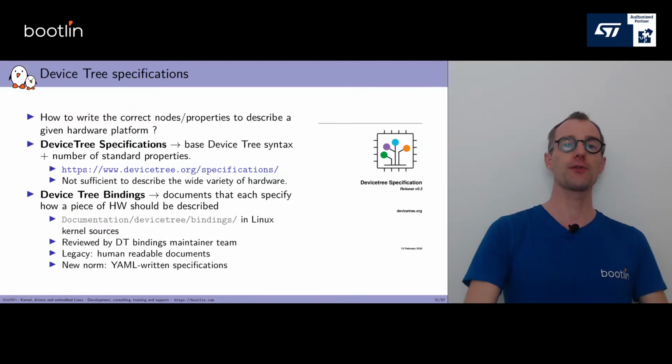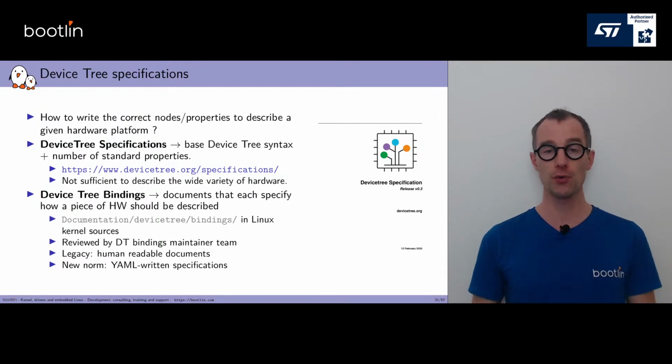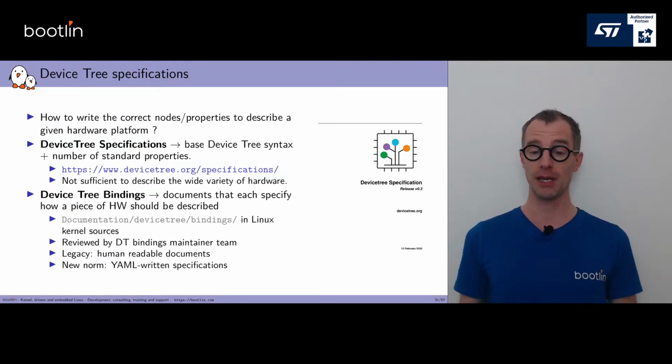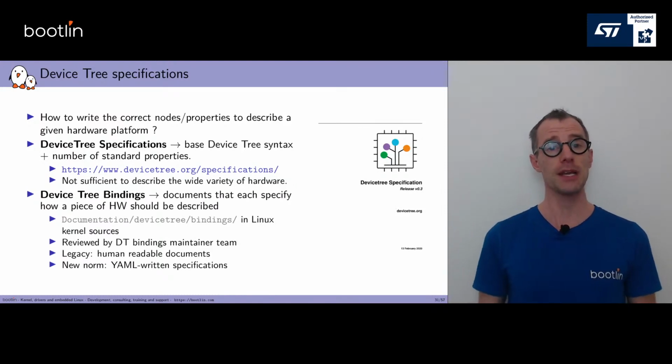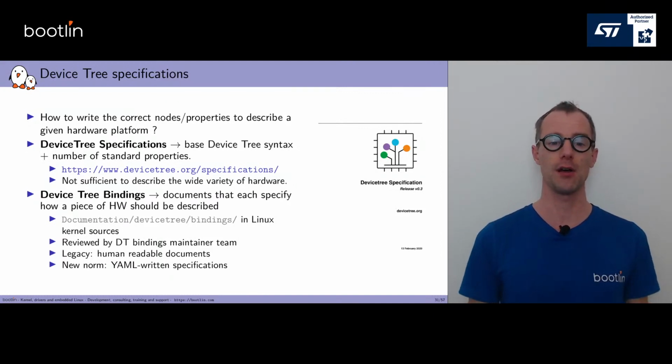They will also have to write a corresponding device tree binding document, which will be reviewed by a team of maintainers in the kernel community, the DT bindings maintainer team, to make sure that the binding that you submit makes sense and complies with the general device tree principles and design guidelines.